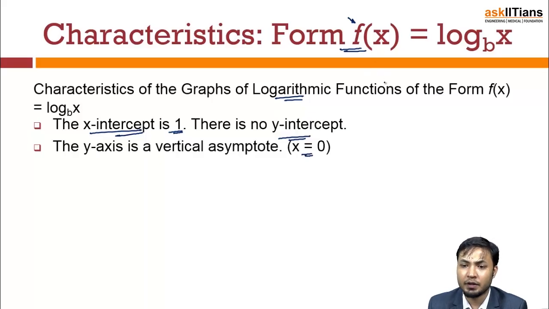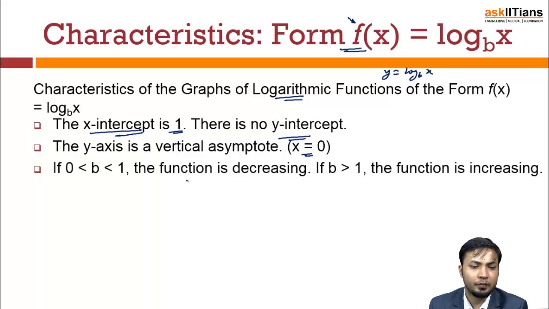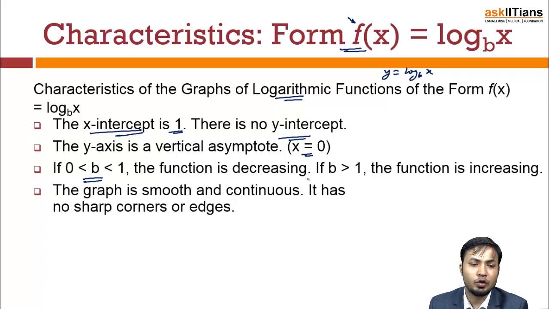We get this from the expression y equals log base b of x, where x and y represent my axes. Now, if my base lies between 0 and 1, the function is always decreasing, and if b is greater than 1, then the function is always increasing. Also, the graph is very smooth, a simple curve, and it is continuous.